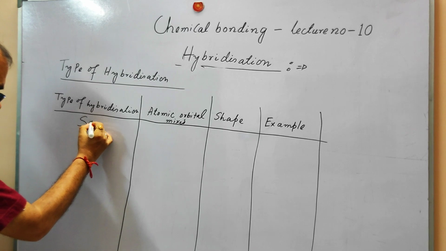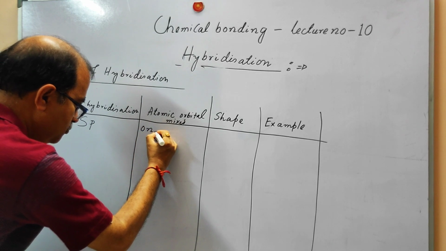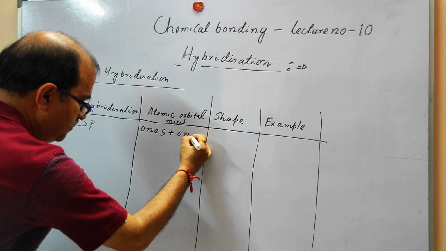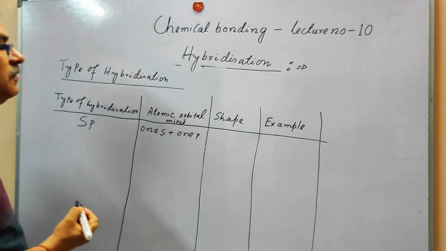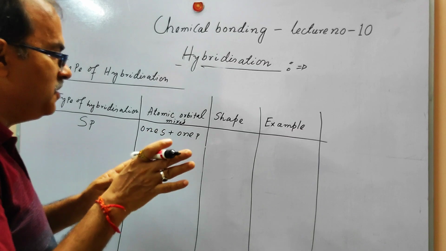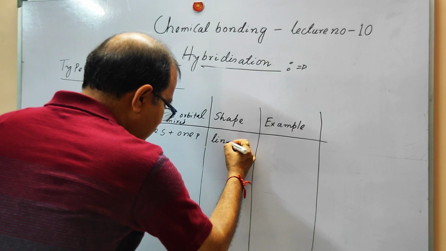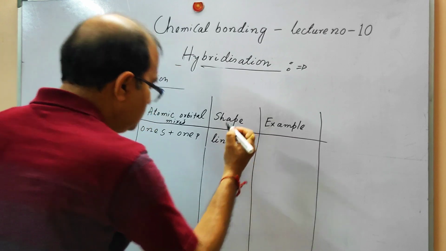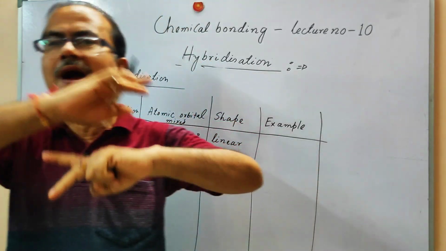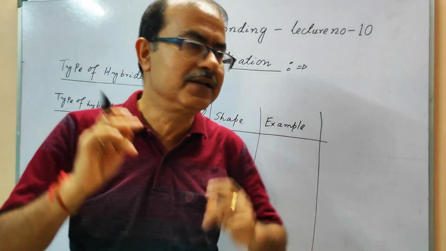sp hybridization. sp hybridization means we have mixed one s orbital plus one p orbital. When this 1s and 1p orbital have been mixed, the shape of the molecule will be linear, because these hybrid orbitals will align at a 180-degree angle to each other, so it will form a linear structure.